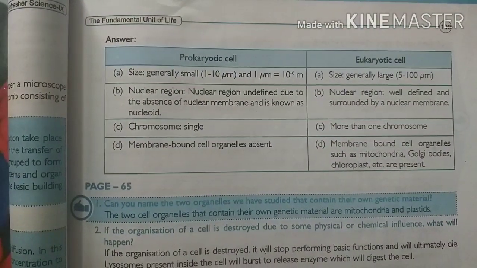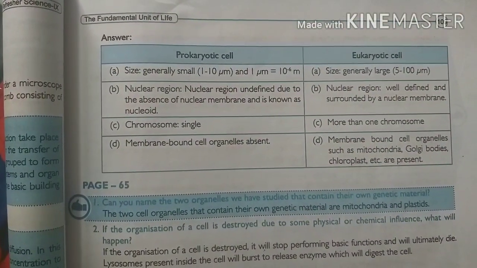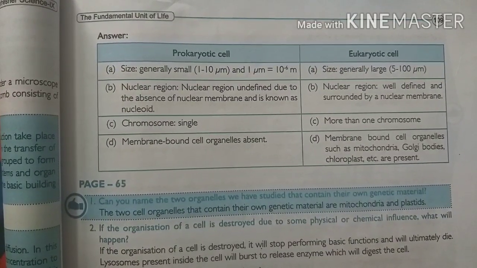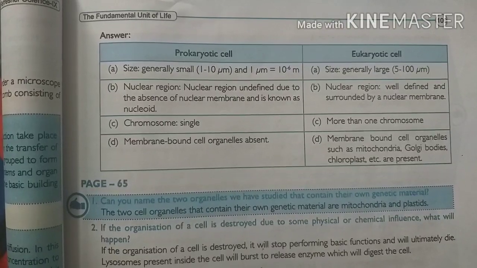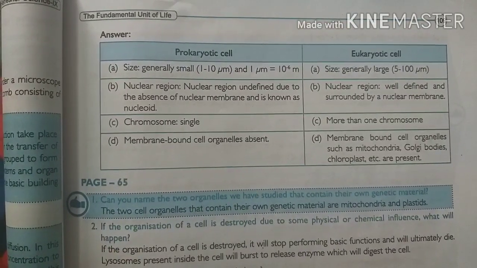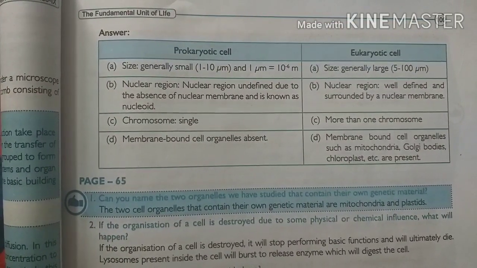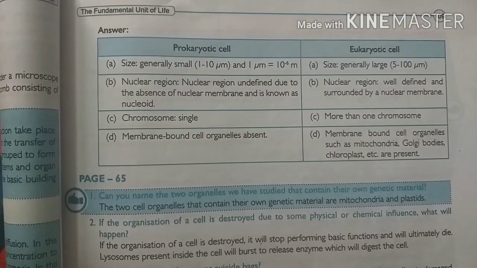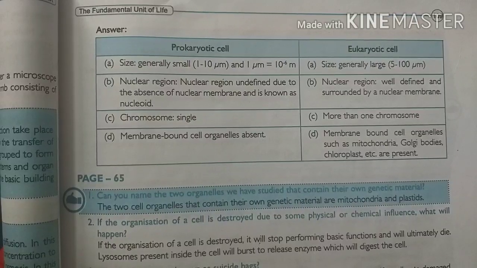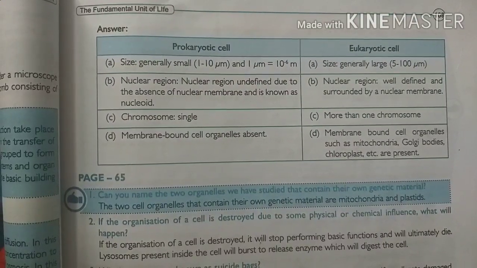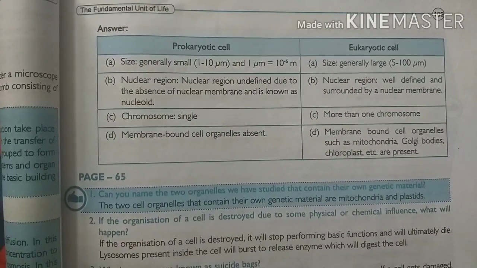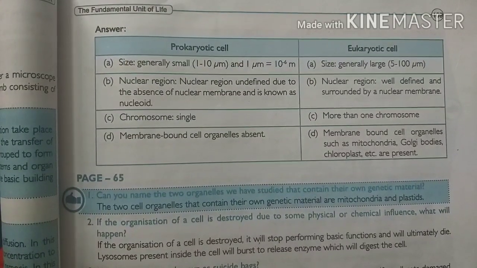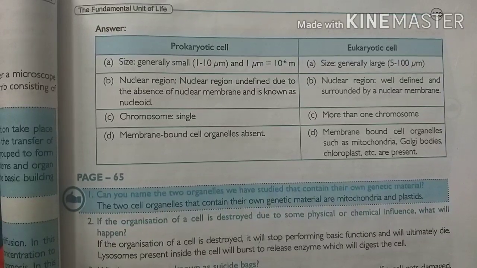And you can do it easily here also, based on what we will discuss: difference in size, chromosome, membrane, nuclear region. If we know these things of both the cells, then we can do the difference easily. Prokaryotic cell size is 1 to 10 micrometer and eukaryotic is 5 to 100, which means which cell is big?